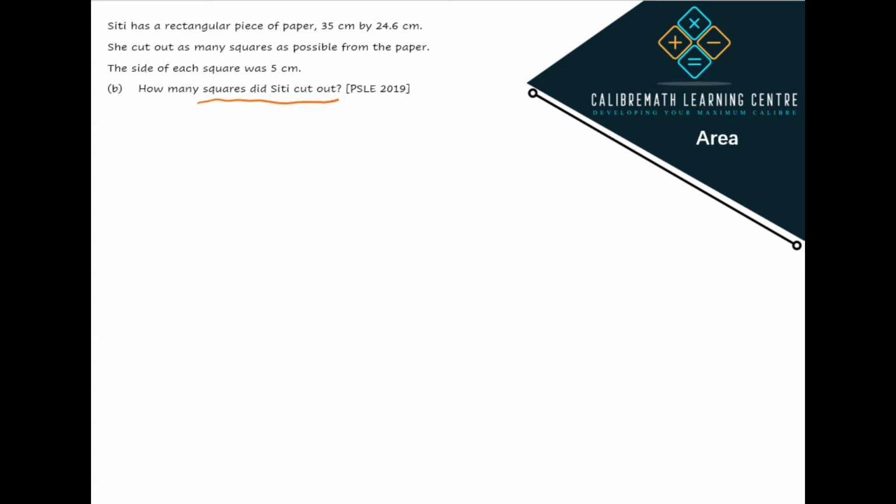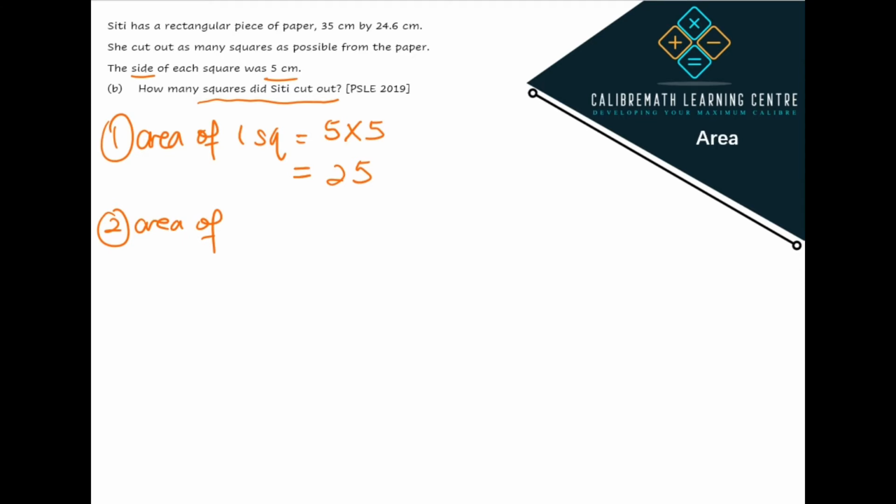Now you may think that to solve for the number of squares, you will first have to find the area of one square, which is 5 multiplied by 5, since we know that the side of each square is 5 cm, so you get 25. And then second step, you will proceed to find the area of the total rectangular piece of paper, which is 35 multiplied by 24.6, and that gives you 861.